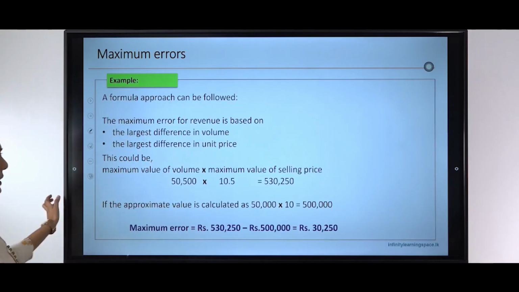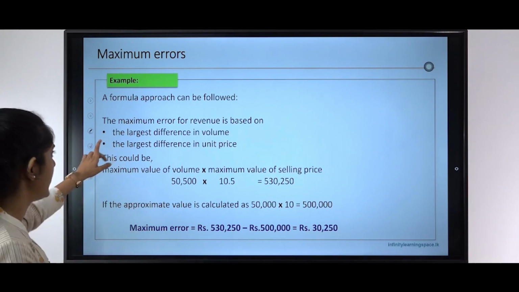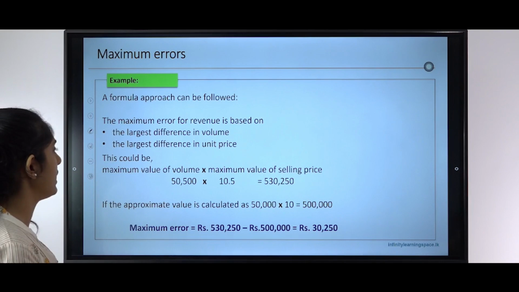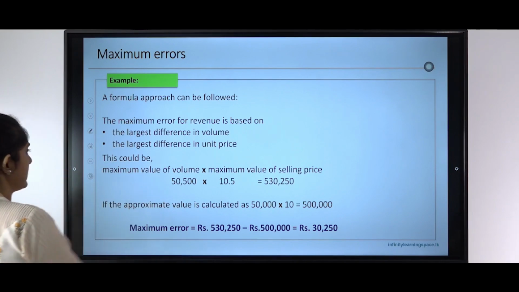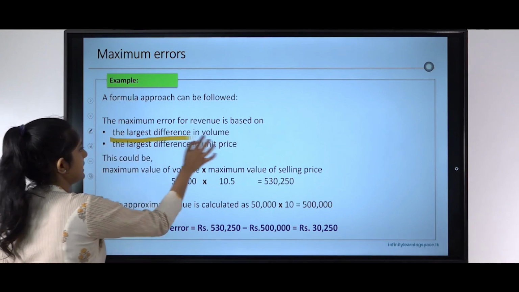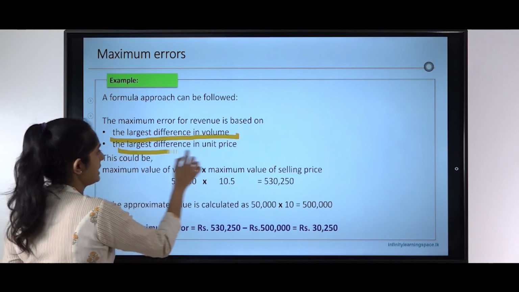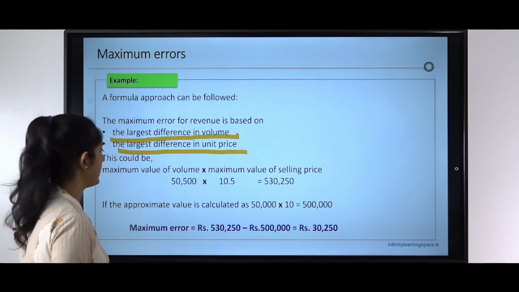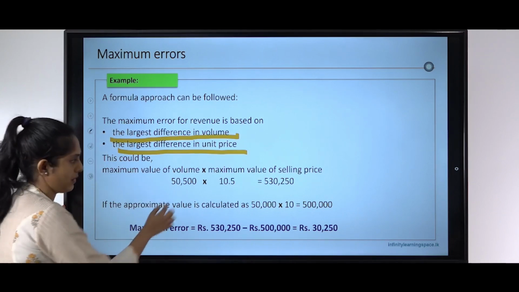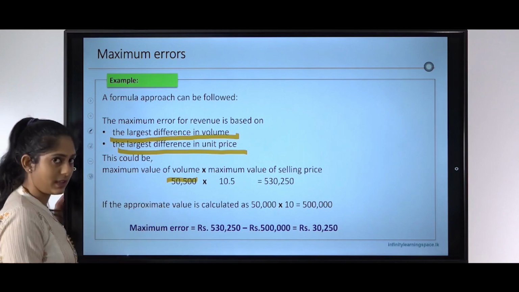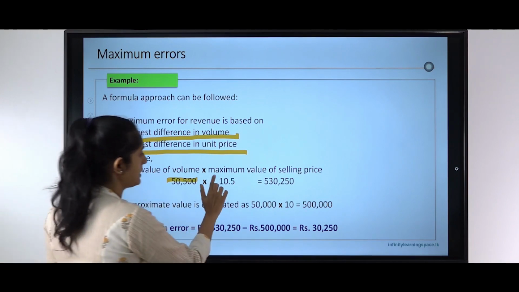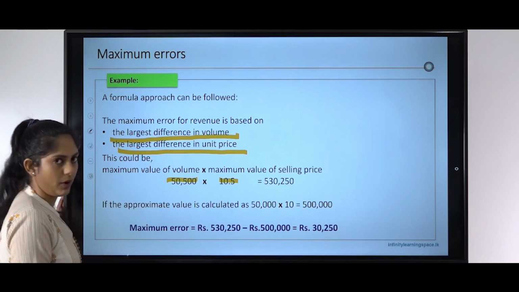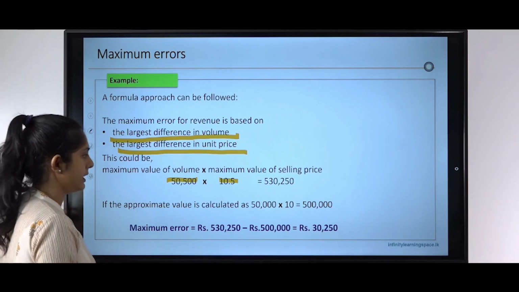So what we can do is follow a formula: for the maximum error of revenue, take the largest difference in volume and the largest difference in unit price. So the maximum value of volume could have been 50,500, and the maximum selling price could have been 10.5, right?